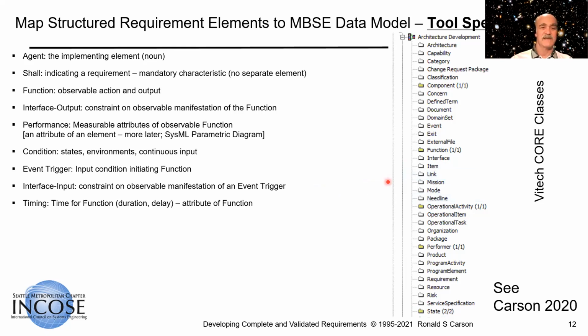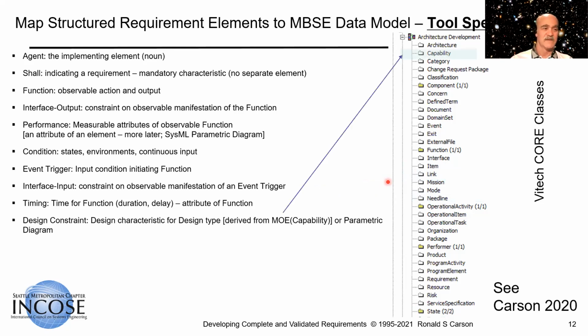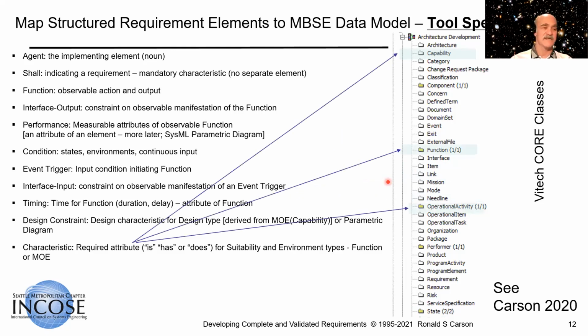The timing is an attribute of the function, so it's not a separate class. The design constraint might be a characteristic that's derived from a measure of effectiveness, a capability, a concern, a risk, whatever, but it's something that is in the model so that you know it's not just a choice of the requirement writer, but it's actually traceable to something that's a need.